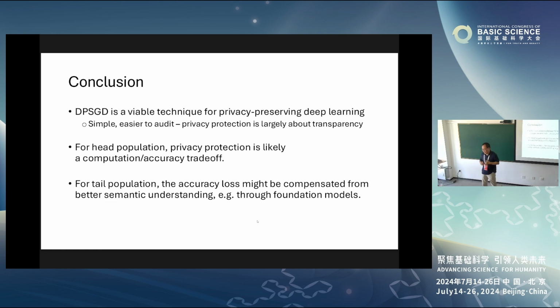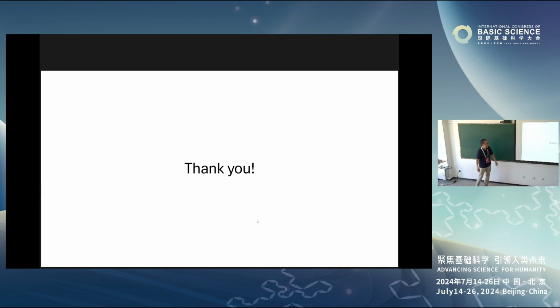There, I agree that if you really want to protect the privacy of these people, then your model accuracy may suffer. But maybe we can compensate through better semantic understanding, not through users helping each other, but by truly trying to understand what's going on, for instance, through foundation models. Okay, so that's all. Thank you.